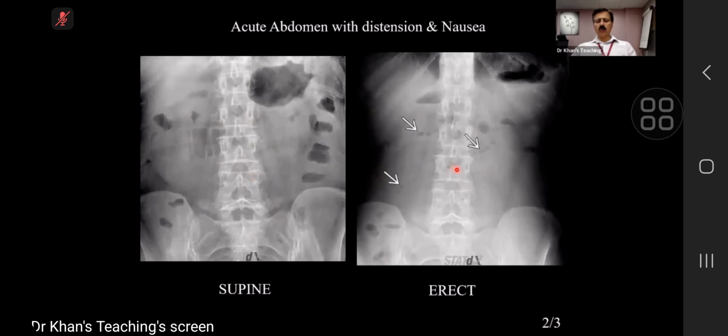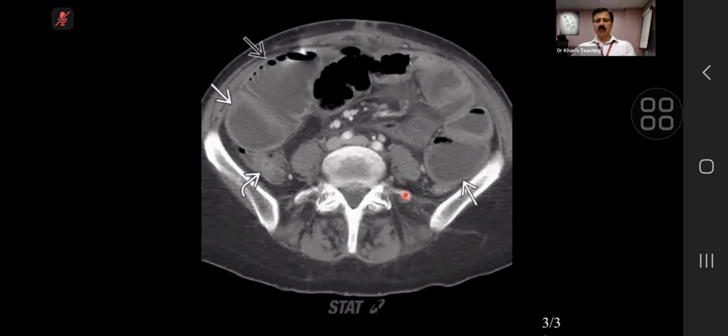But when you do an erect film, then you pick up this string of beads sign. This tells you what is happening. Actually, there are dilated loops of small bowel and trapped air bubbles giving you this appearance in between the valvulae conniventes. And this is the CT of the same case. And it shows this string of beads or string of pearls sign. So this is important to remember.